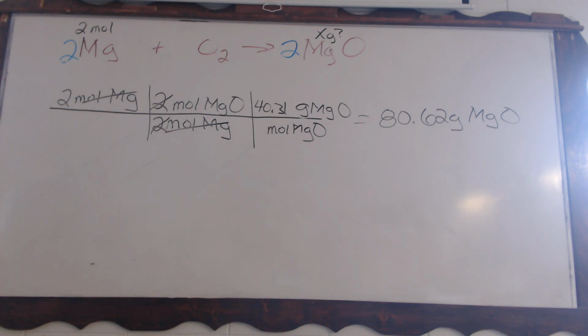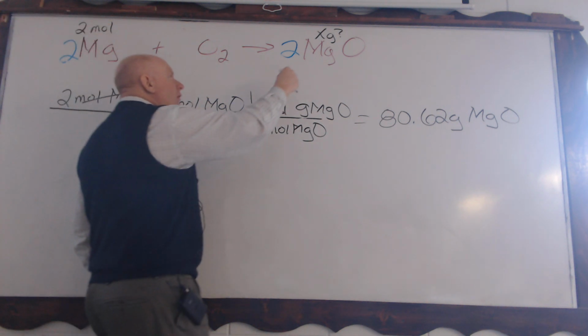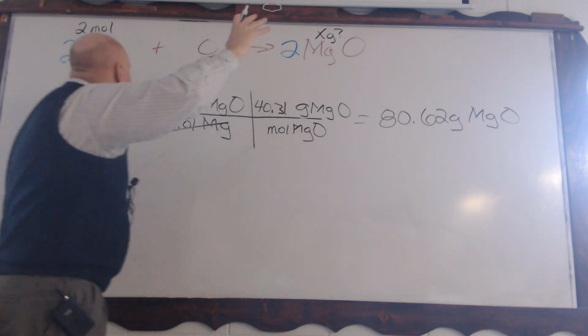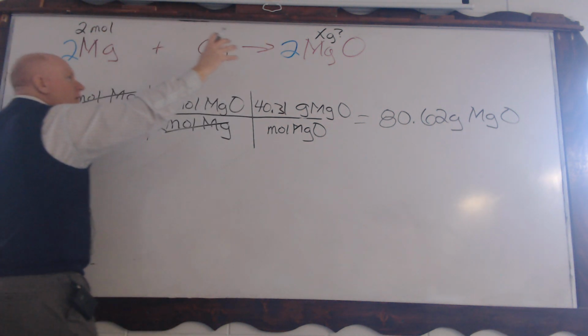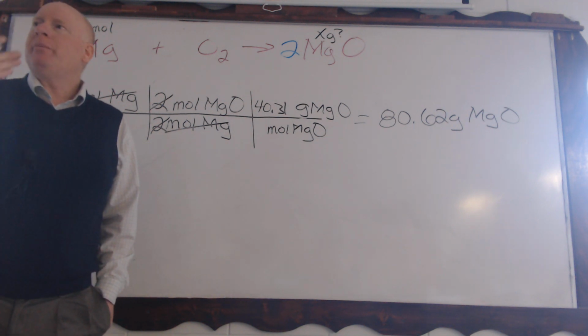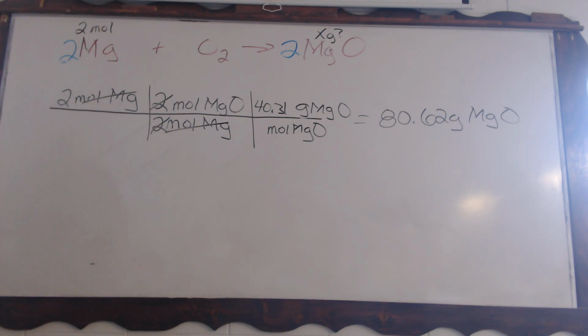But what is the mass of magnesium oxide produced? So once you've located that on your product side, well then an X amount of grams, this is what we need to produce. So we need to get from this side all the way over here. And there's going to be this repeating pattern that happens over and over.